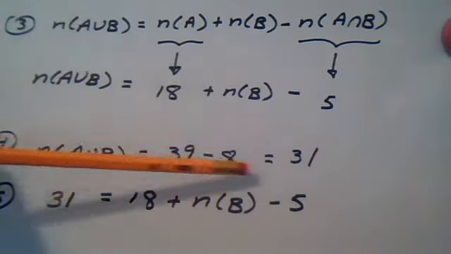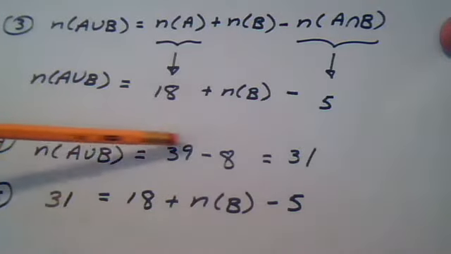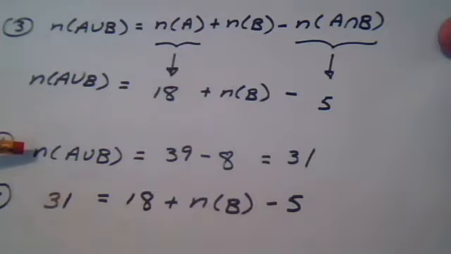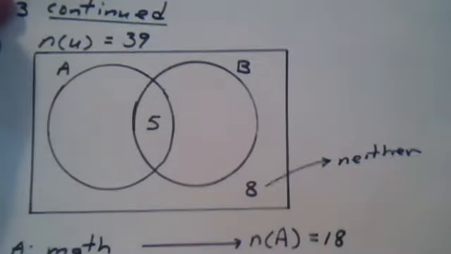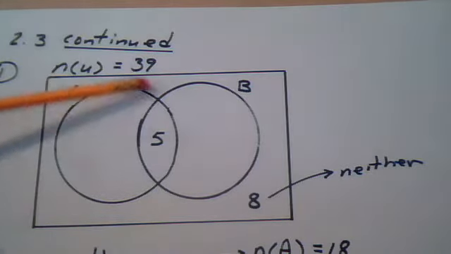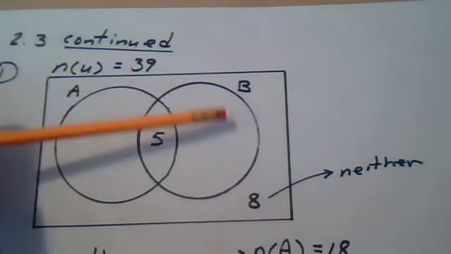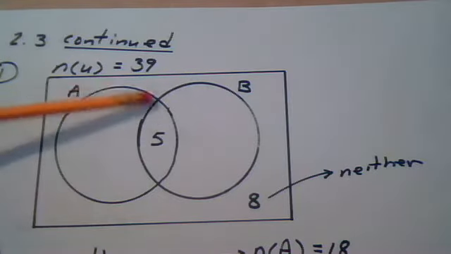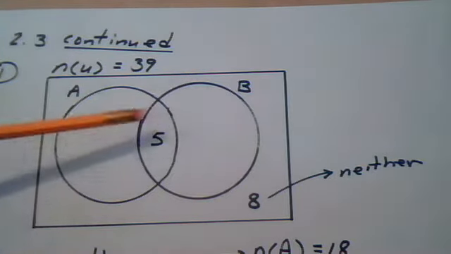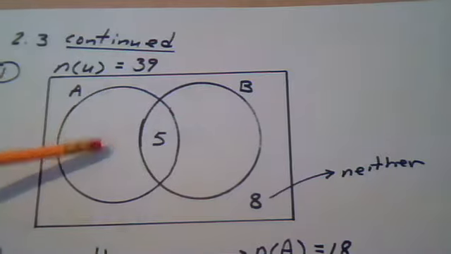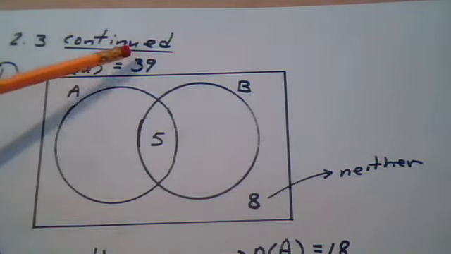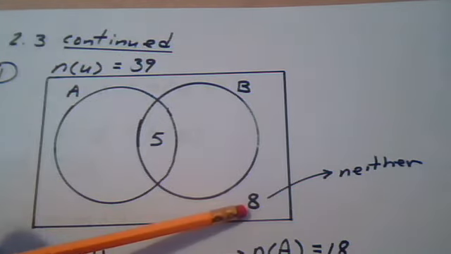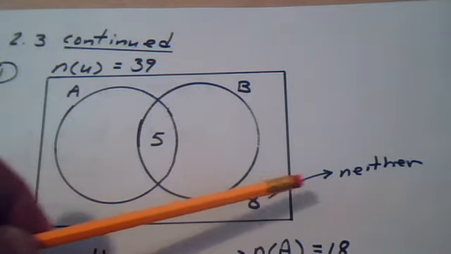Now, what we have here, this step here, we know that the union would be these two circles put together. We know that we could find the number that corresponds to the union of these two circles if we subtract 8 from 39. So 39 minus 8, which are 8 are in neither circle.